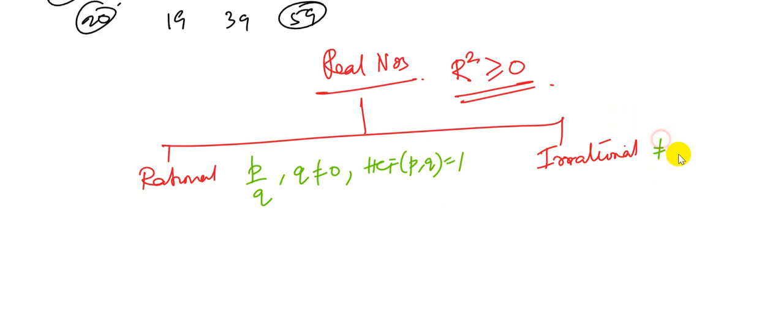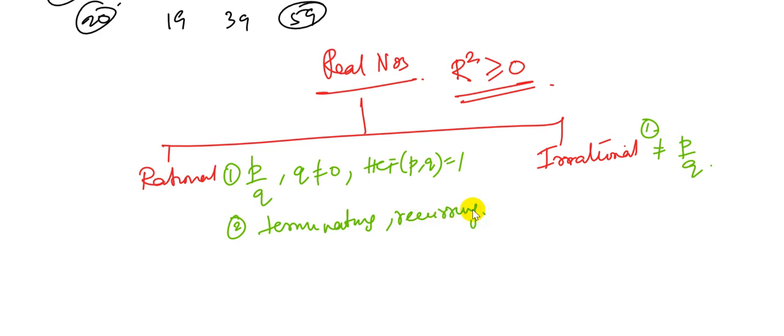The number which is not rational is irrational. This is just one definition. What is the second definition? This is the first definition of irrational: it cannot be expressed in terms of p by q. The second definition is that a rational number always has to be a terminating decimal or a recurring decimal, one of these.